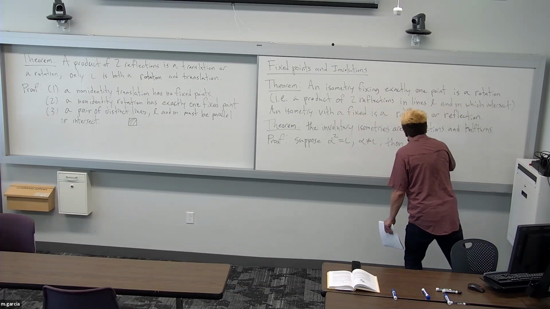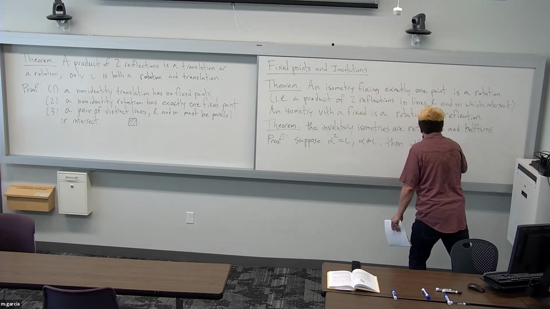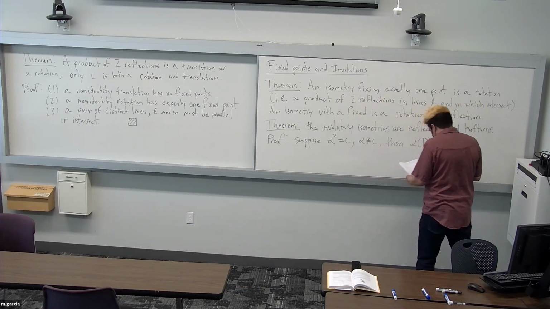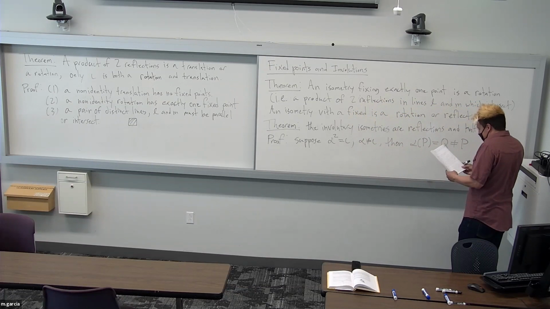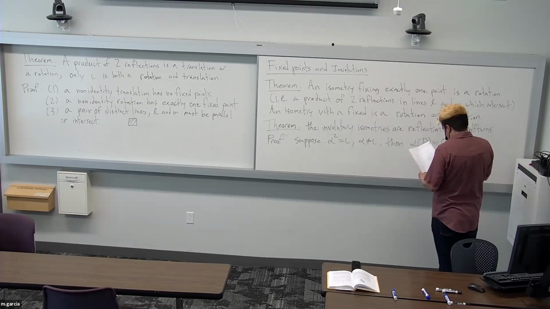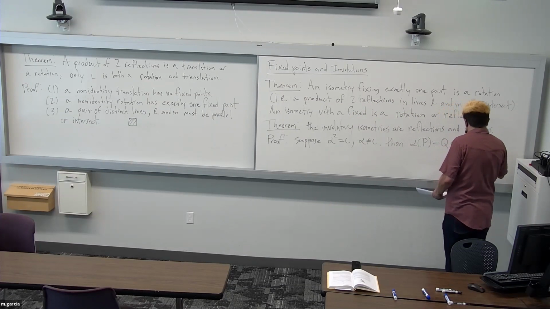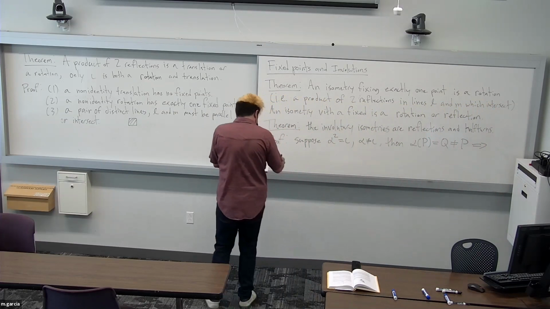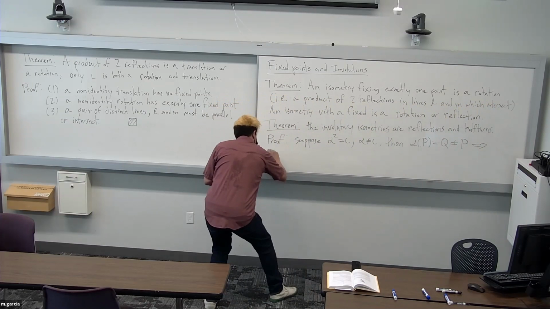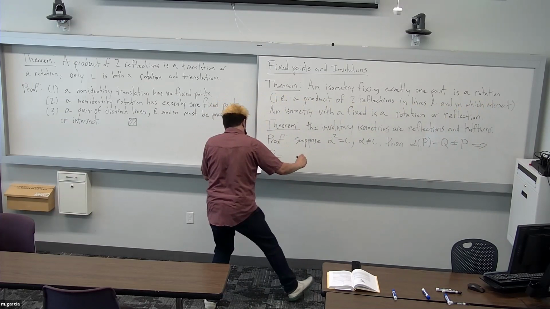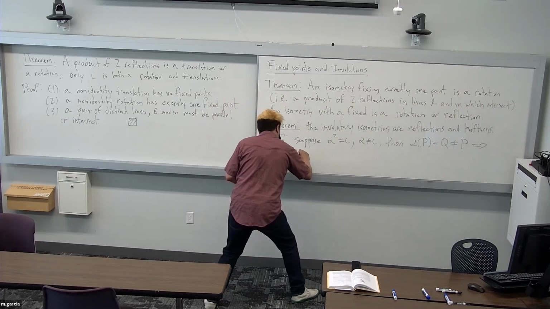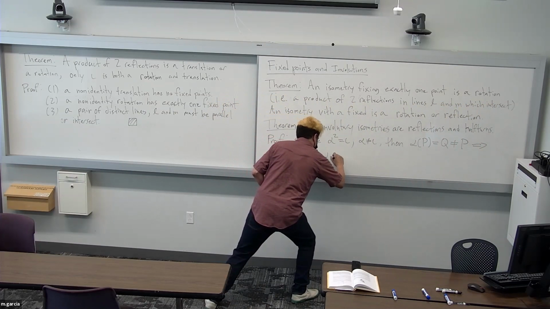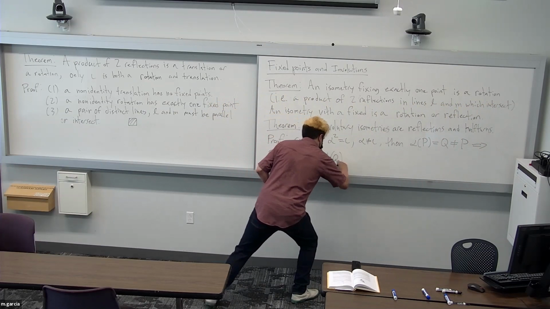And alpha of p is equal to q, which is not equal to p. Which, of course, implies that p is equal to alpha squared of p, which is just alpha of q.